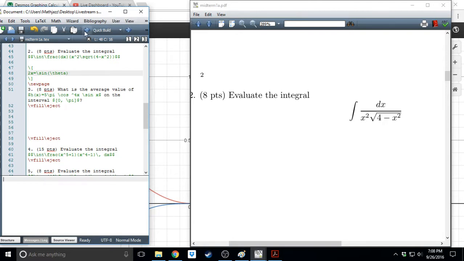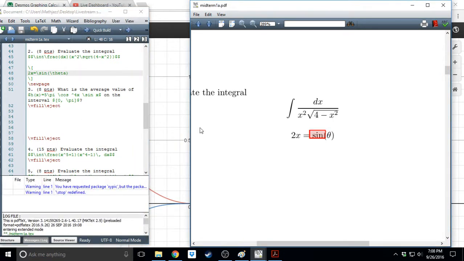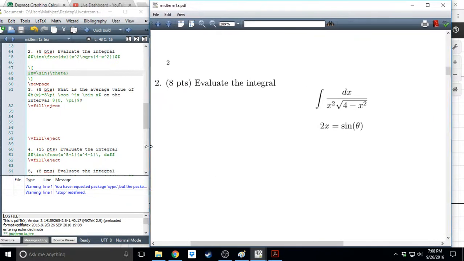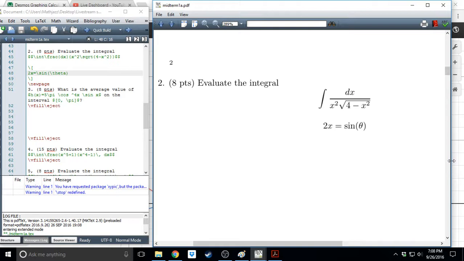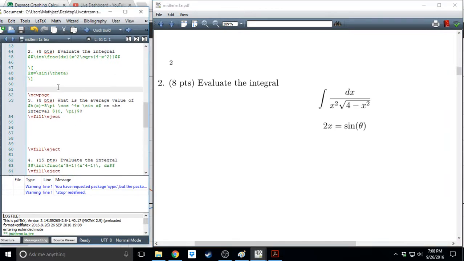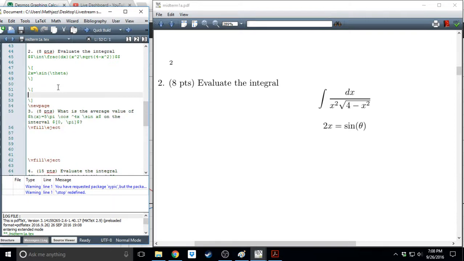So let us try that. 2x equals sine theta is going to be our attempt at a trig substitution. So that would mean that 2 dx is equal to cosine of theta d theta.